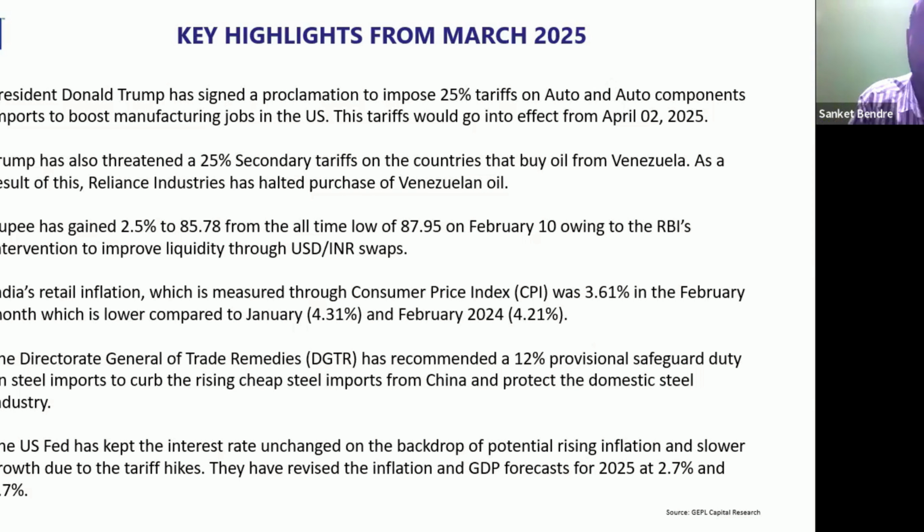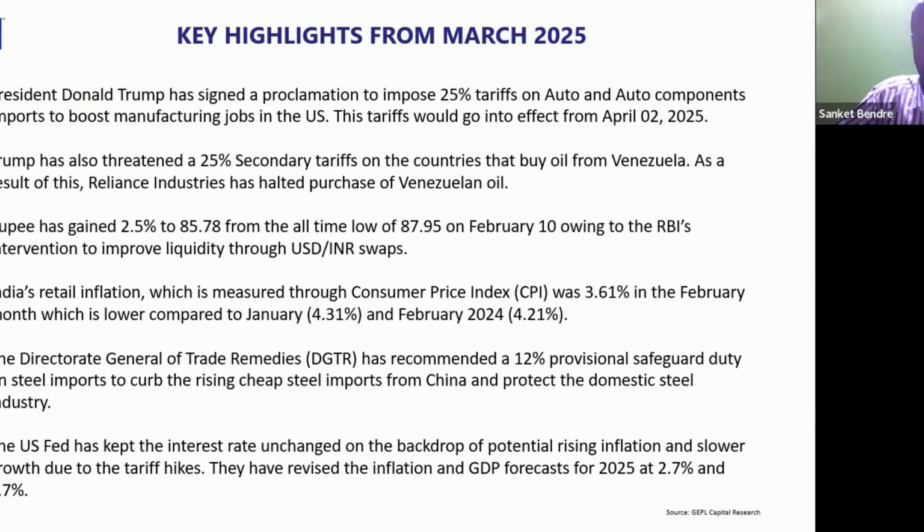Today, we got one more update in terms of GDP for the US. The US posted a GDP of 2.4% for Q4 of the previous year, which was lower compared to Q3 of 2024, which was at 3.1%.